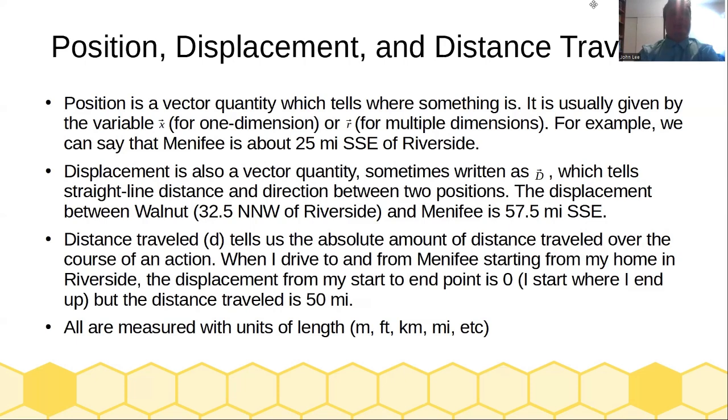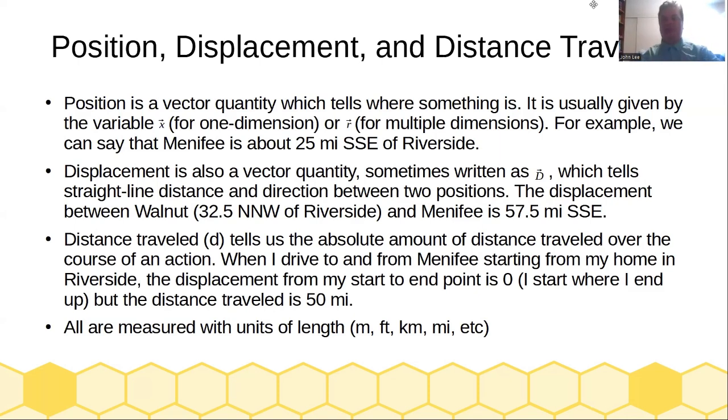Before we get down into the big scary calculus, I want to first define position and distance traveled versus speed and velocity, because speed is the change in distance over time. It's the rate of change of distance over time, and calculus is the study of rates of change.